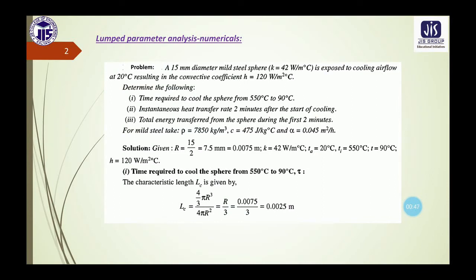We will continue the solution of different numericals with the equations related to the lumped parameter analysis. So let us read the question first.